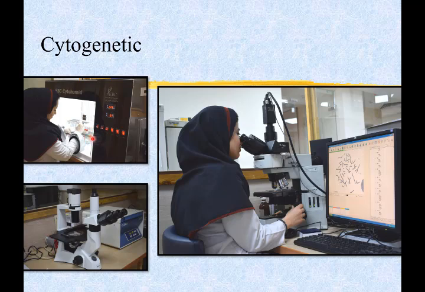And remember that the dissecting microscope is very important in the cytogenetic laboratory for cleaning up, especially the CVS sample, the chorionic villus sampling, where we clean up all the maternal blood from the chorionic villus.